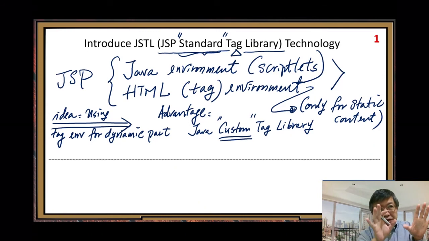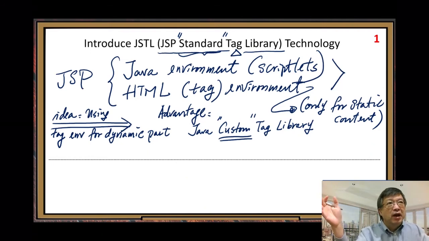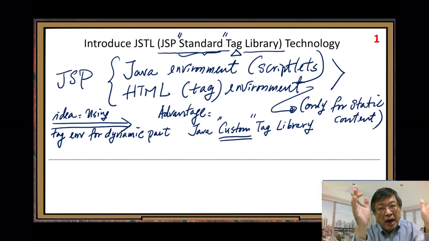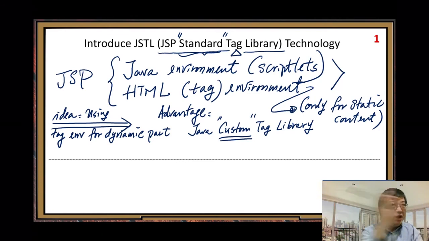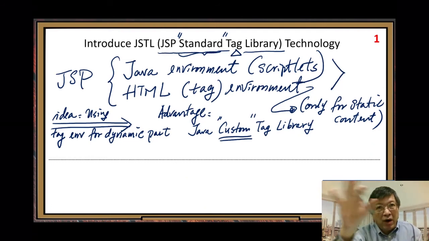Java provides certain interfaces. So you can use those interfaces and special classes to develop your own tag libraries. Then you use your own tag libraries. You can do very special data processing regarding your own business.